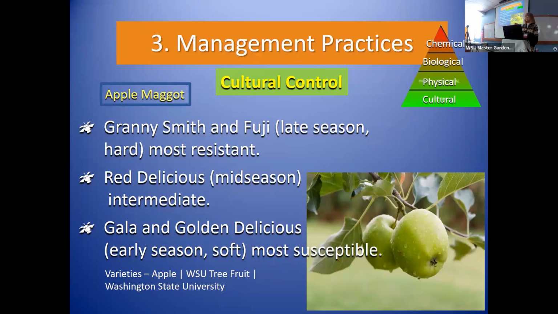Red Delicious was mid-season, so it was kind of intermediate. But Gala and Golden Delicious are earlier season and soft, and they were the most susceptible to apple maggot. I also put a link on your handouts, and WSU has a really nice little graphic that shows you which apples are early, mid, and late season.